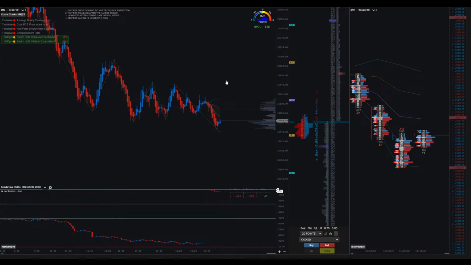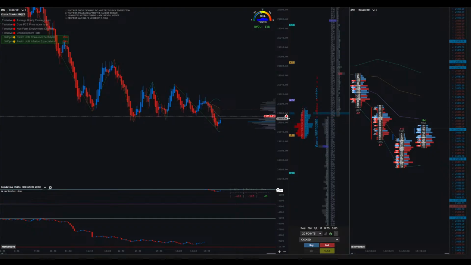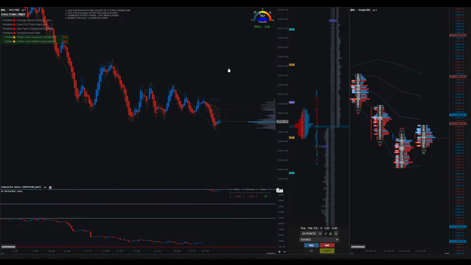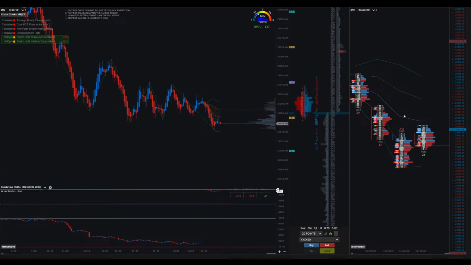Point of control is lower. I mean, yeah, no, just waiting. What am I seeing? Positive candle right here on negative delta. Some aggressive buying, not getting rewarded so far. We're gonna continue selling off.